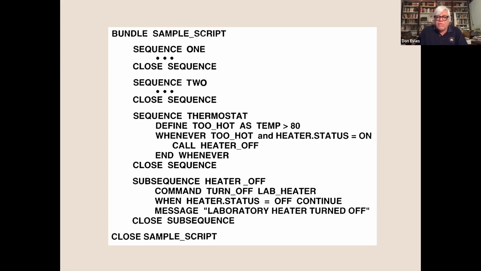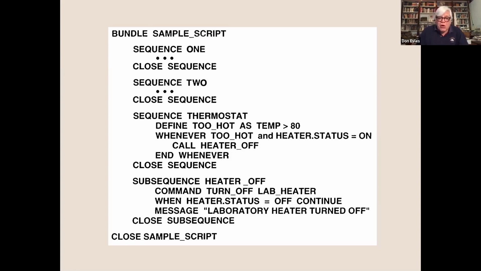That's proved to be a very powerful capability because it decouples the definition of a certain condition from the statements that test that condition. And you see what we're doing there is we're saying whenever too hot and the heater is on, then we turn the heater off.